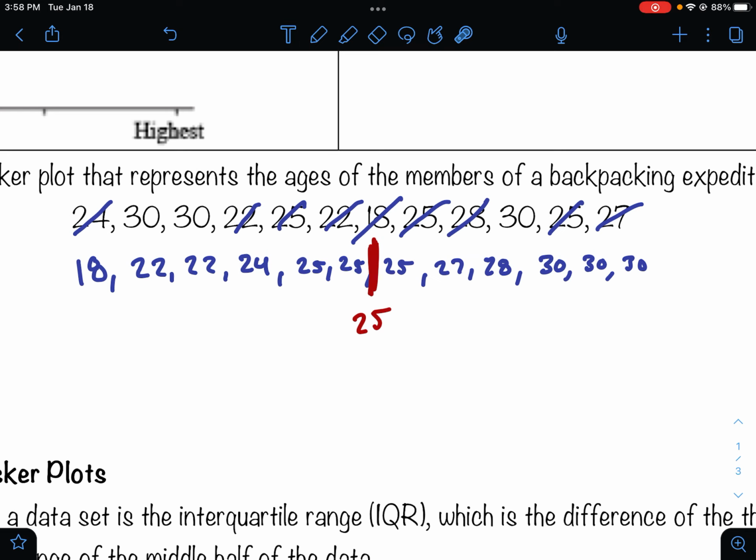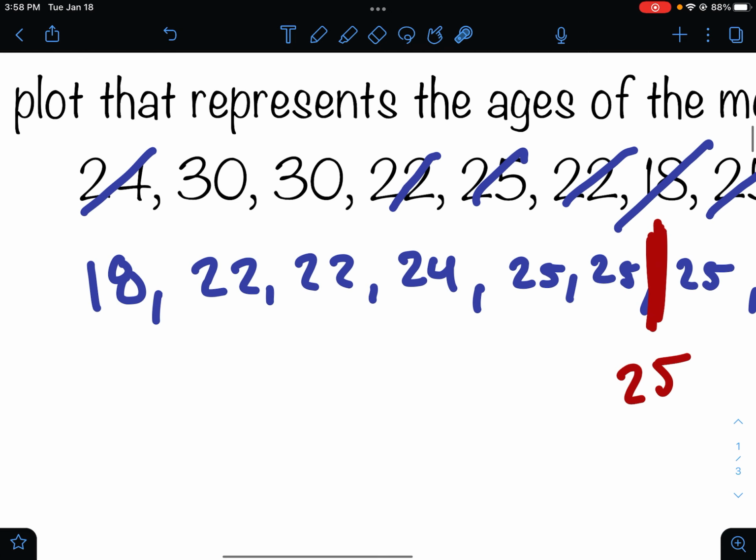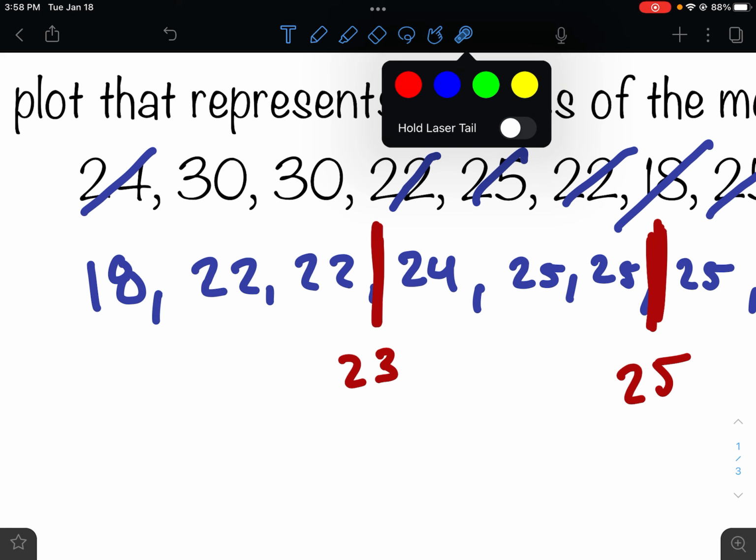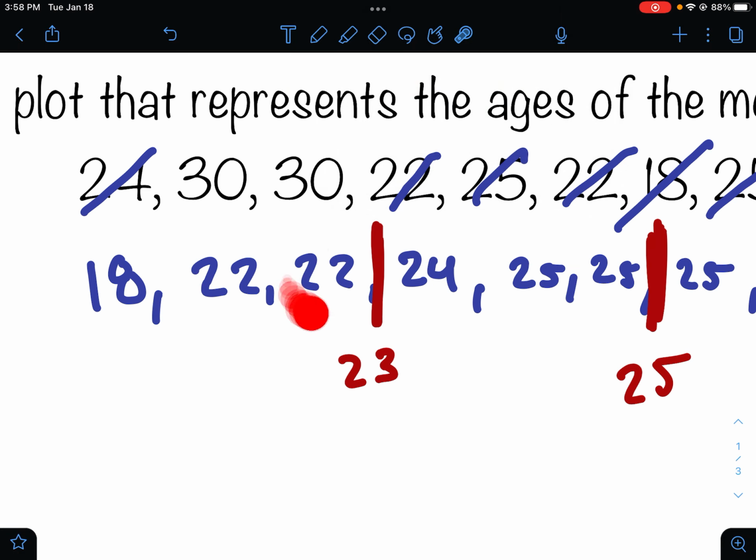Now to find quartile 1 and quartile 3, you're just going to find the median of the first half, which again has an even set of numbers. It's got 6 numbers here. So the median is going to fall in between two numbers. In this case, the numbers are not the same. So how we figure out this median is you take the two numbers on either side, add them up and divide by 2.